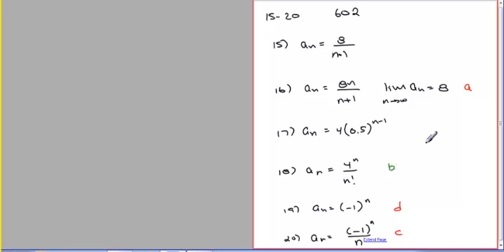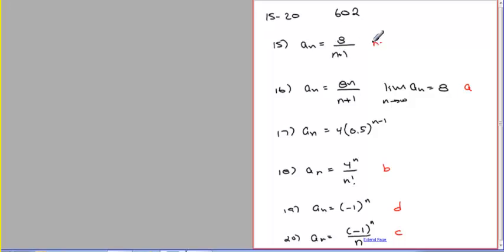Okay, so now we only have 2 left. So this one is B. These 2, one is E and one is F. So how do you find that out? Well, you could plug in n equals 2 into both of them. For n equals 1, we get 4.